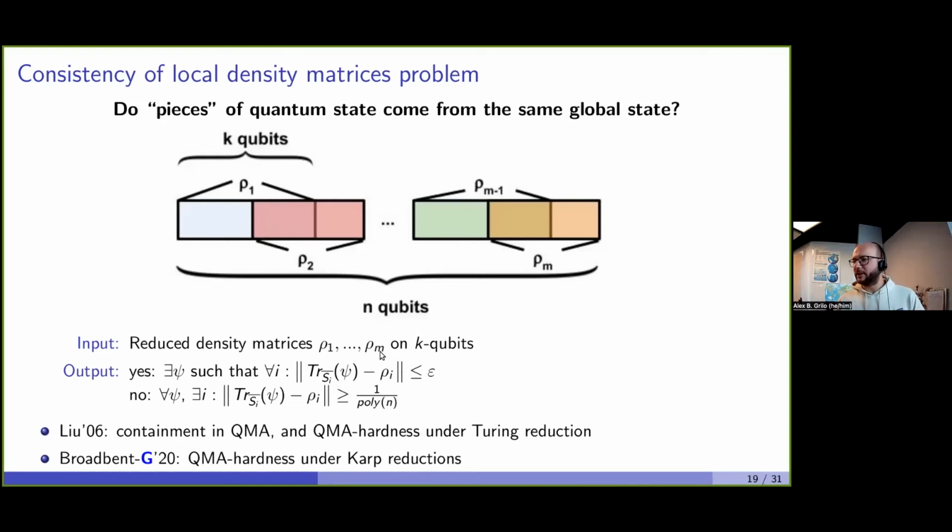The problem starts being hard when you have intersections, because if all these matrices are tensor products, then it's obviously a yes instance. So if you have a lot of them, they start intersecting, and the problem becomes hard, and this is the type of instance that becomes QMA hard.